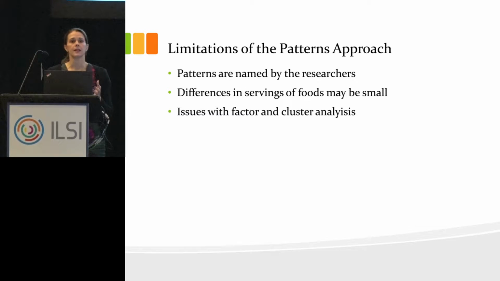The differences in the intakes of foods might be small. There might be different patterns, but that might only be different by a half a serving size or one serving size for certain food groups. And finally, some of the issues that I talked about previously with factor and cluster analysis both have strengths and limitations in their interpretation.